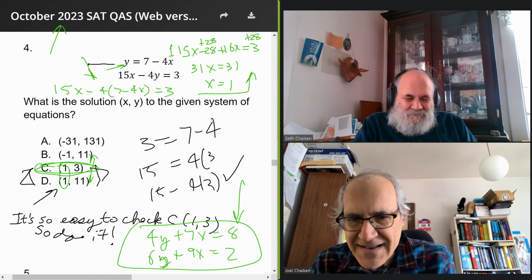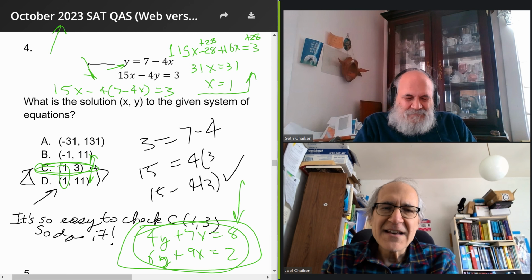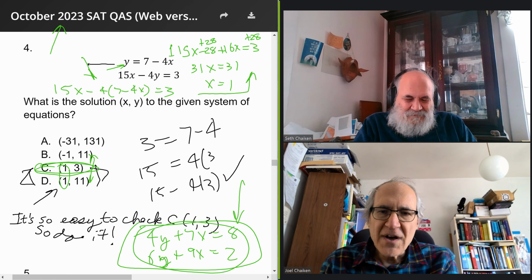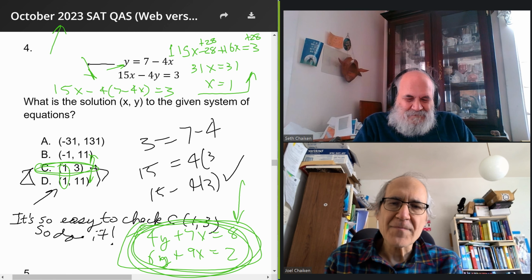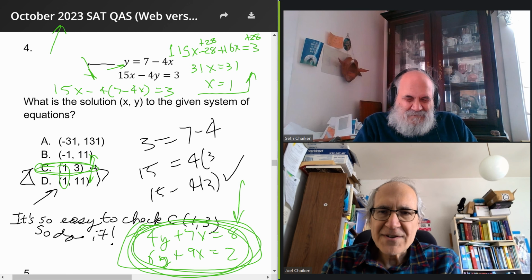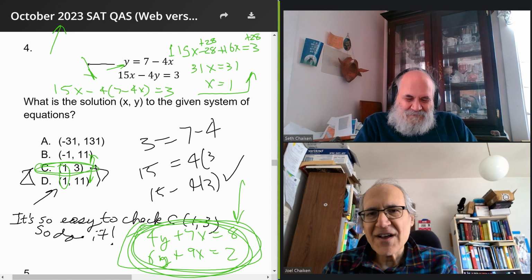This was an example problem that the SAT gave out. So, heading into the digital SAT, starting in the winter of 2024, you should know how to solve this problem. You'll see it as an example on the SAT practice questions. What's the main idea of this problem? What are they testing to see whether you know how to do?